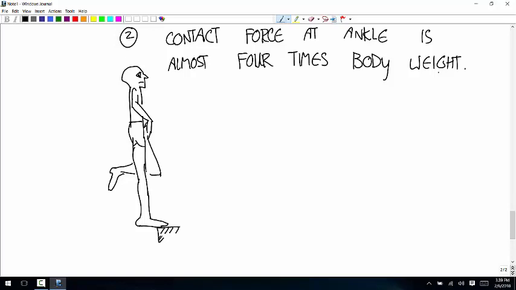But what we're really doing is working with the center of mass of this thing here.